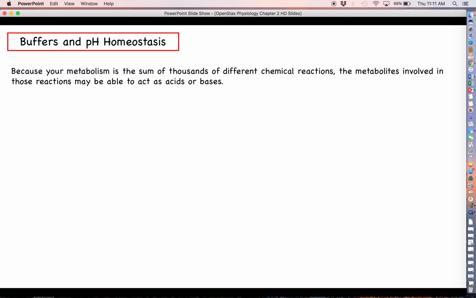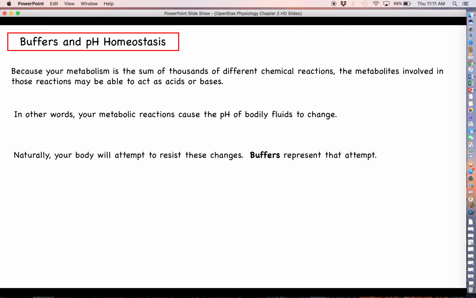Well, carbon dioxide can partially dissolve in the blood and change the pH of the blood, so that can be kind of a problem for us. So your metabolic reactions can, over time, cause the pH of your bodily fluids to change. Well, if we know anything about homeostasis by now, we don't want that. We don't want things to change.